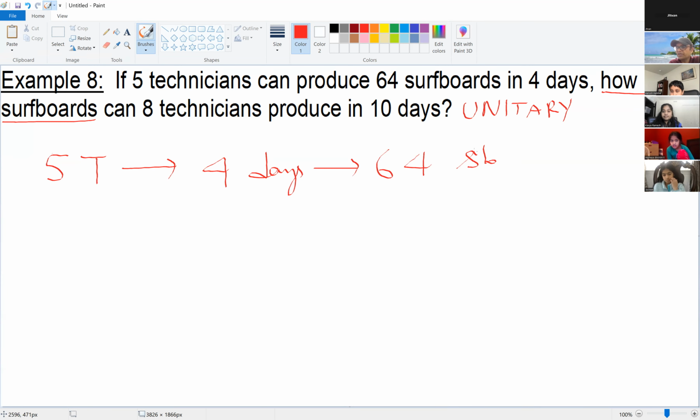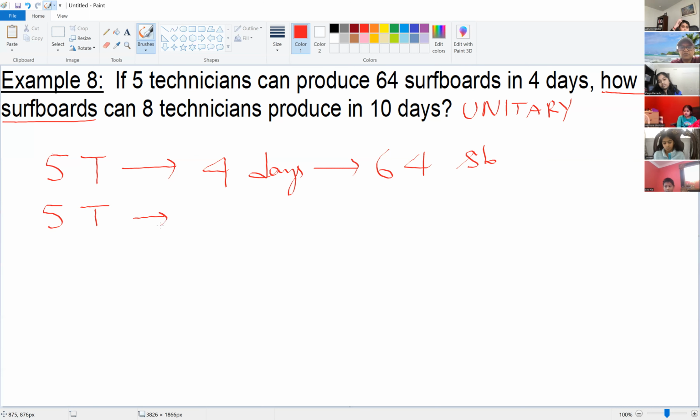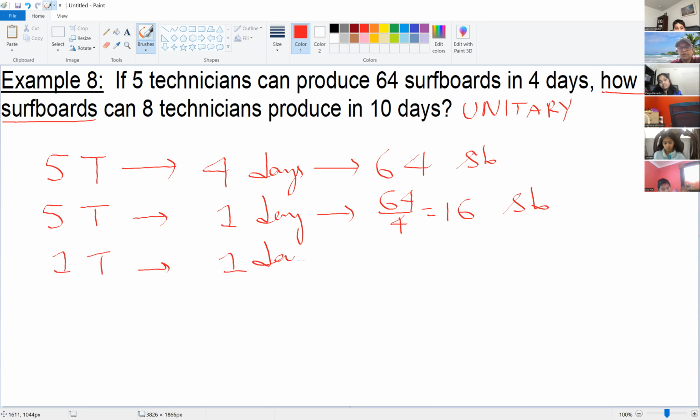So okay, let's do the way that Leo was explaining. So what he said was 5 technicians. If I do 1 day, that would obviously be a lot less, which is divided by 4, which is 60. Now, if I have 1 technician and they work 1 day, that would be 16 divided by 5, which is 3.2 surfboards. Once you get to 1, now you have to change back to 8 technicians, 10 days.